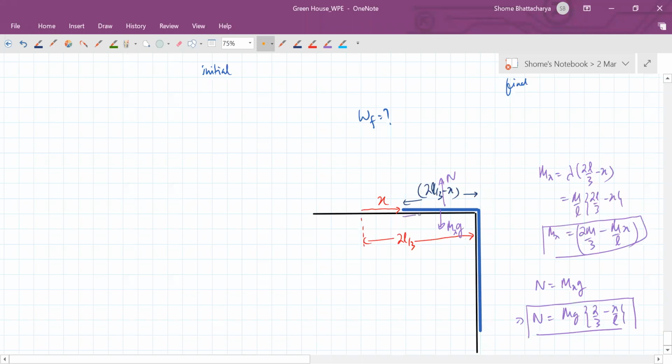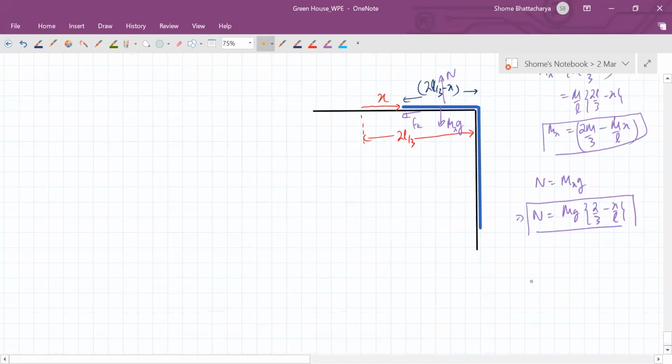So the kinetic friction which is acting on it will be equal to mu N. So that's a function of x. That will be this sort of function.